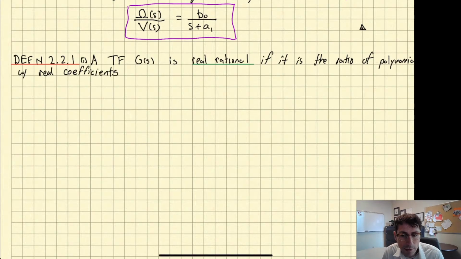And so it's basically the type of transfer function that you're probably most used to. And what that would look like is the following.